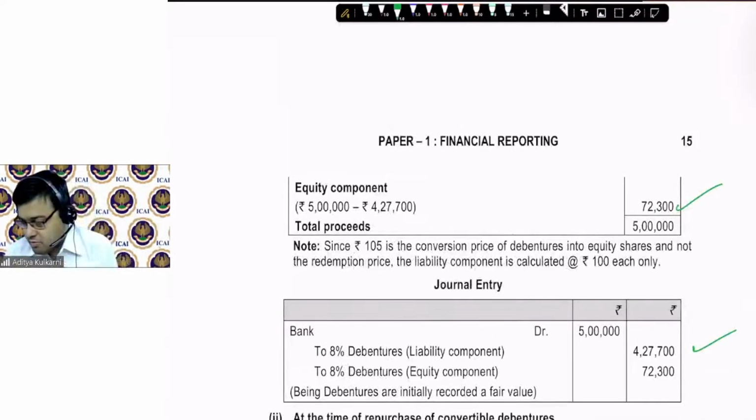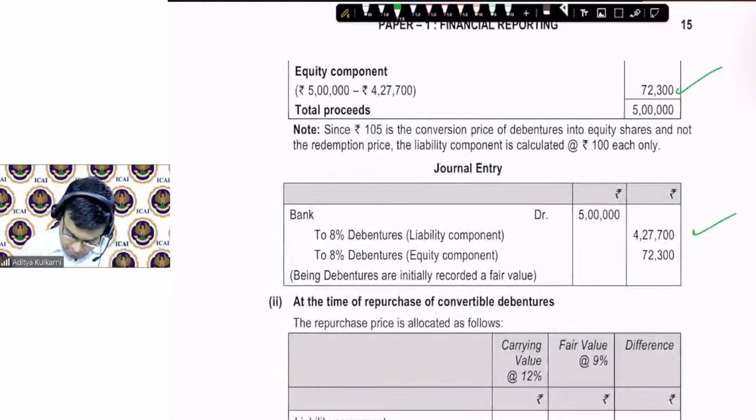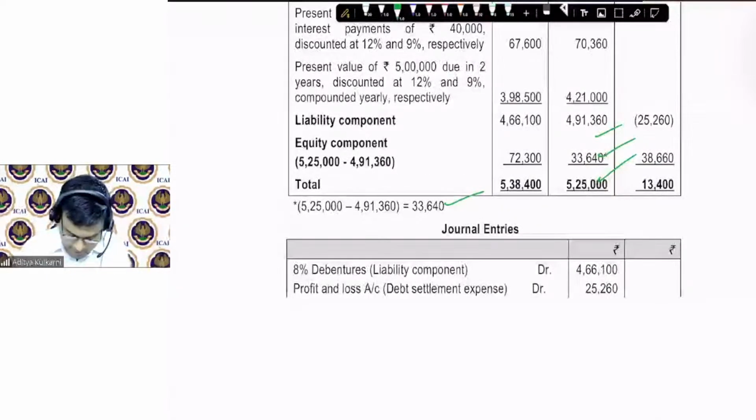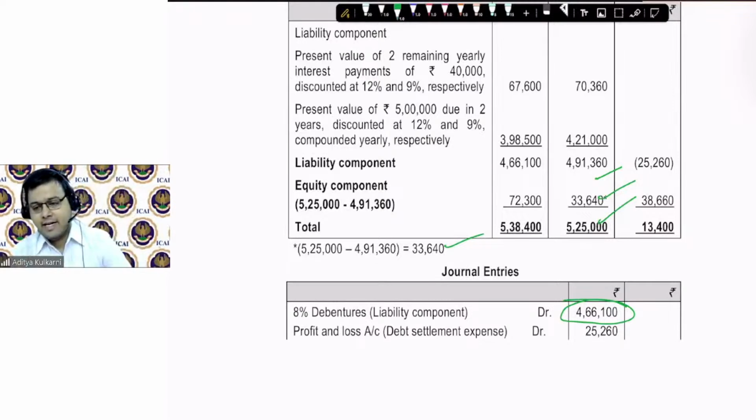The whole issue arises here: 4,66,100. Now, there are two ways of calculating this 4,66,000 of the liability component. There are two ways. What we have done is correct, and what they have done is also correct.